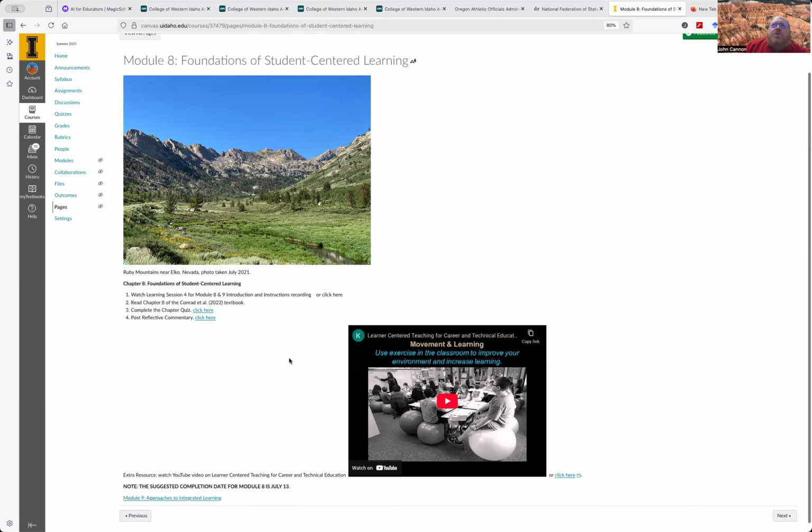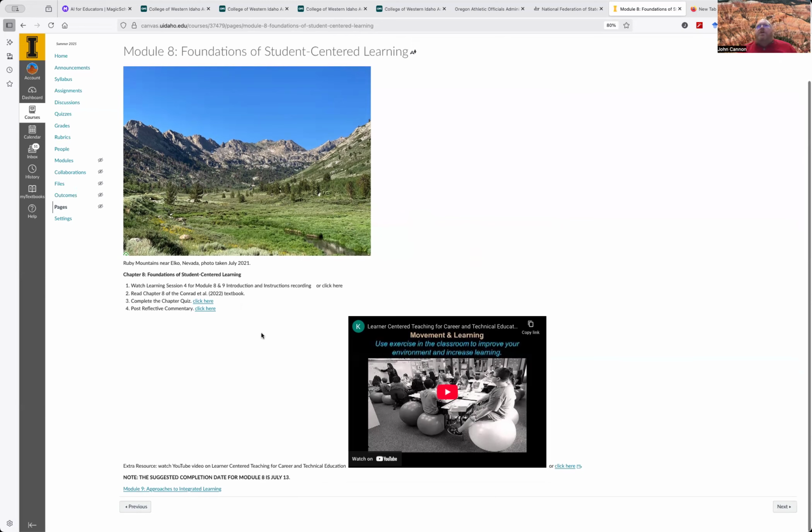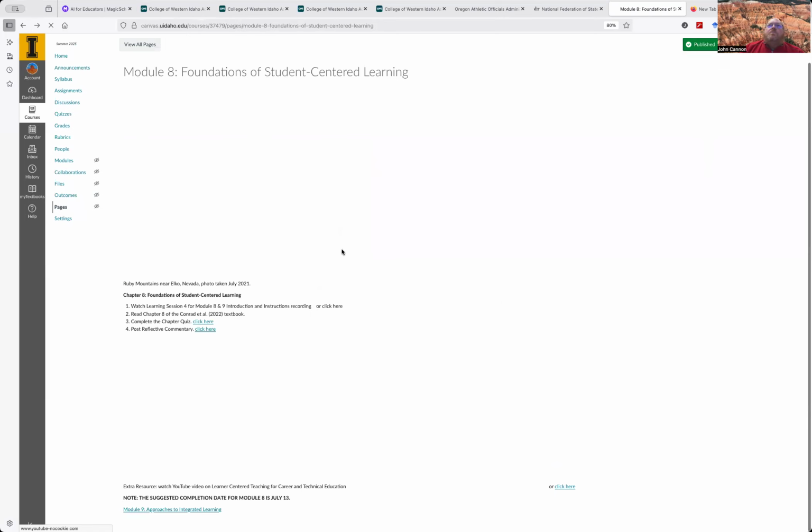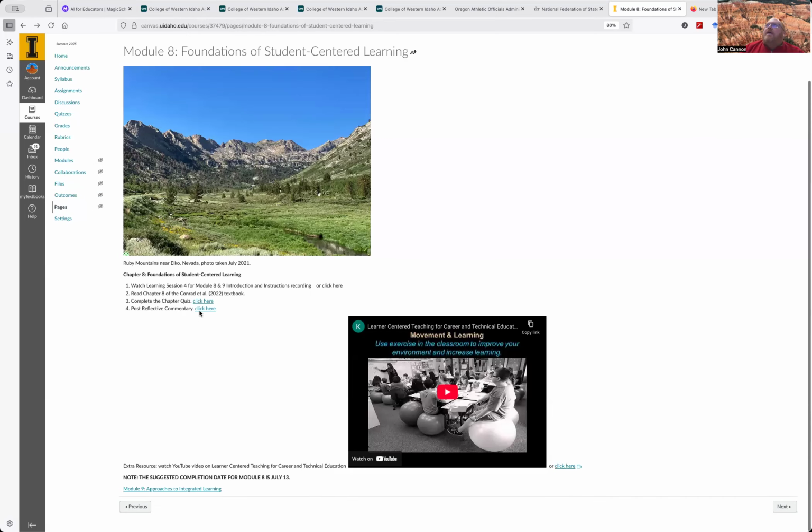So we'll have you read chapter 8 from the textbook, and that's on the foundations of student-centered learning. Then complete the chapter quiz. And we're going to have you post your reflective commentary.